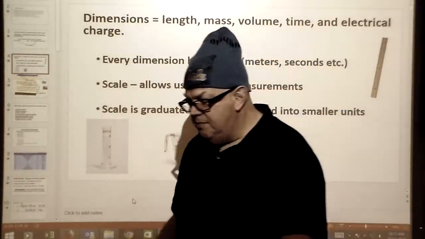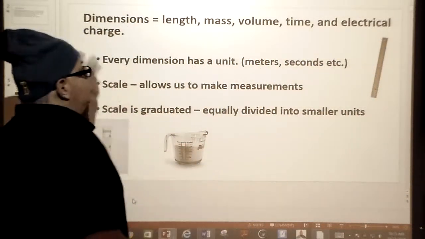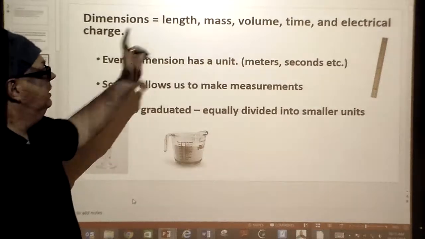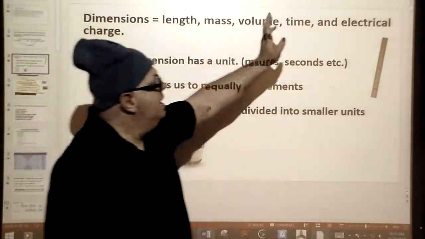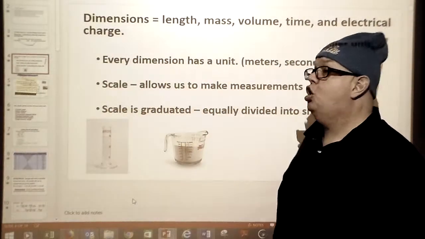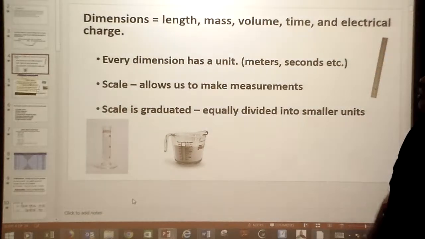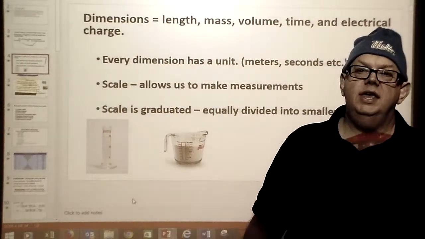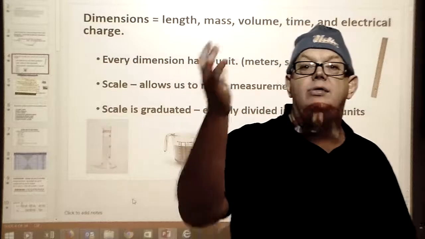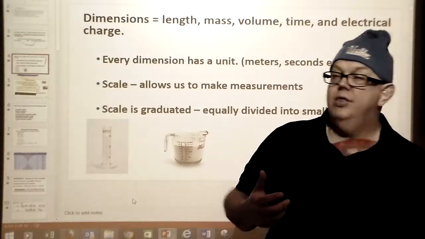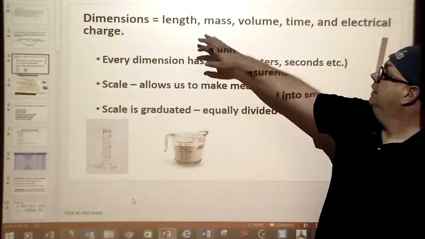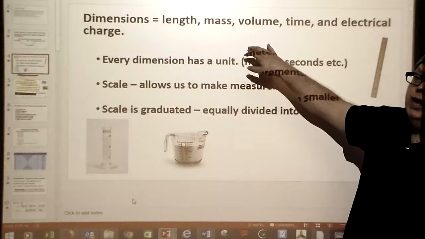So we have to look at dimensions. And in dimensions, we've got to look at things like length, mass, volume, time, and electrical charge. Those are all dimensions. You've heard of the three dimensions: length, the height, and the width, right? Length, mass, volume, okay.